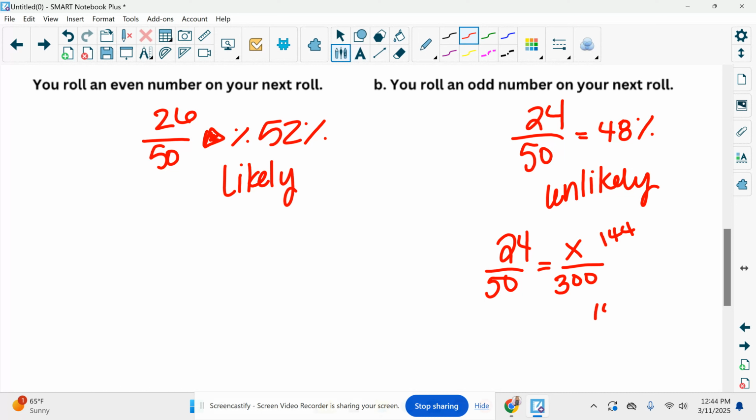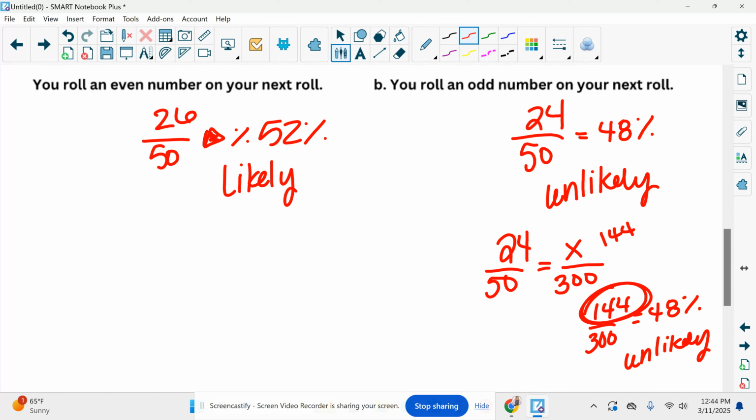So I would end up with 144 over 300. What is that? A relative frequency. It converts to 48%, which is still unlikely. But if I wanted to know how many rolls would be odd, what would the answer be? 144 rolls would be odd.